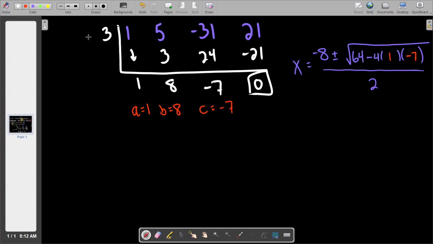And this time what's going to be inside the discriminant? 64 plus 28, which is 92.